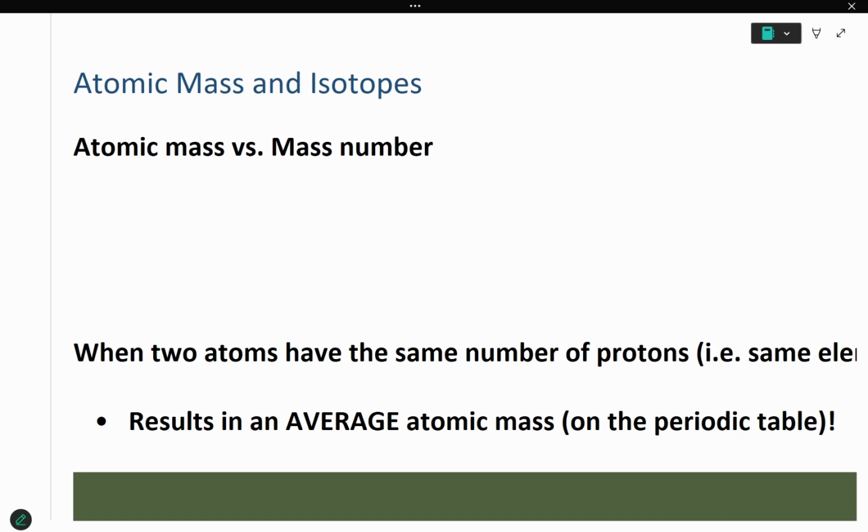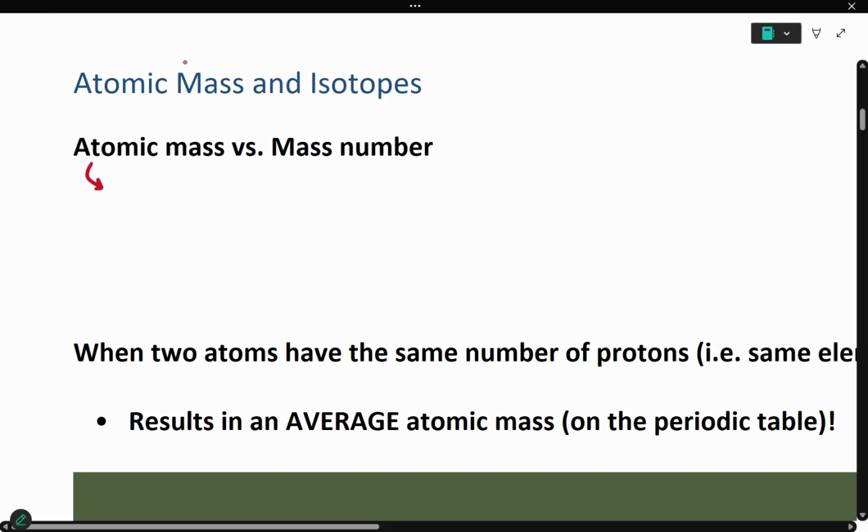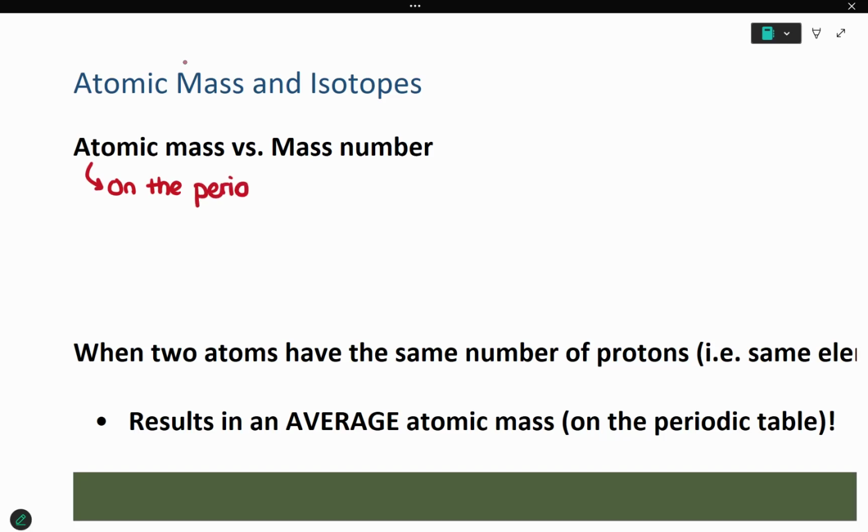And then atomic mass is the weighted average. So remember when we did average atomic mass last year, right? With the little summation symbol that looks like an M on its side, right? That's what atomic mass is. So when we say what atomic mass is, first of all, this is what we see on the periodic table.